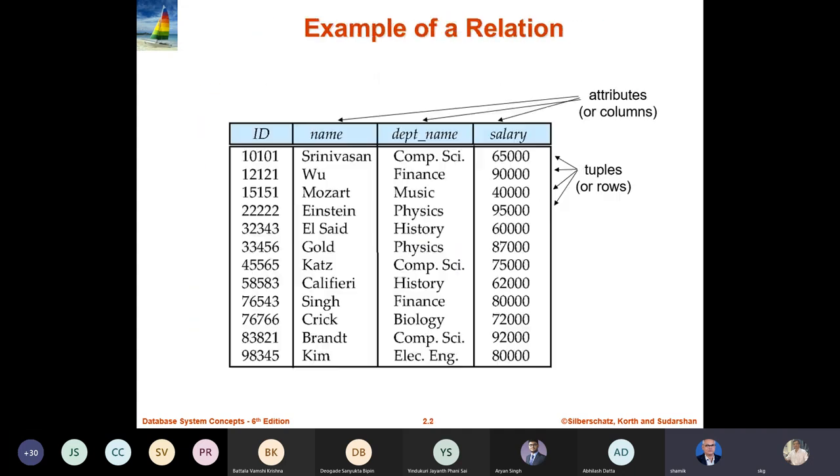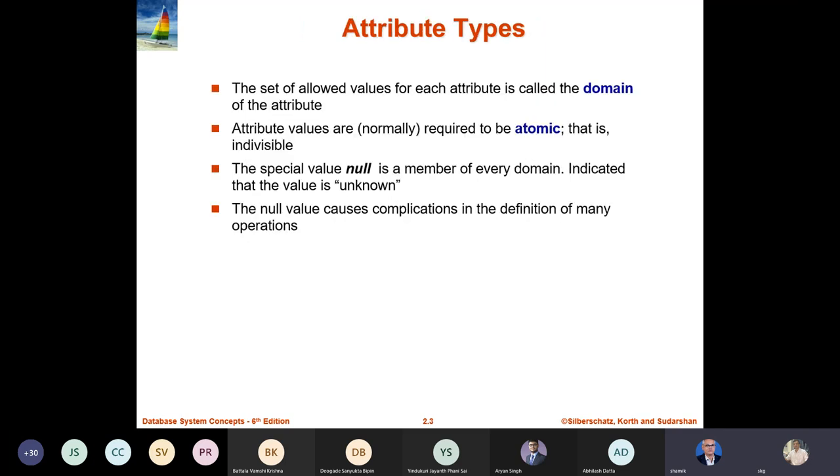Here, as I was telling, if there is a phone number and one employee does not have a phone number, then the value of that particular attribute for a particular tuple will be null, right? Or if the department is not assigned when initially joined, it may be null or something else, right? A phone number may be a good example of that.